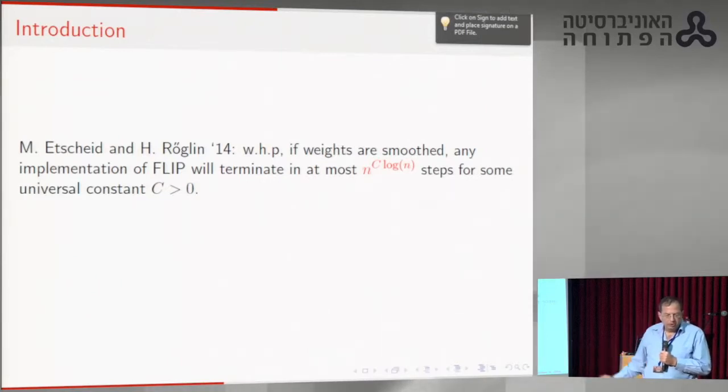So they prove an upper bound of n to the log n. And this is for any graph, and with worst case analysis of the flip algorithm. So even if each step you choose an improving move, maybe there are some unfortunate improving moves that will force you to go for a long time. Well, they can't force you too long. It's bounded by n to the log n.